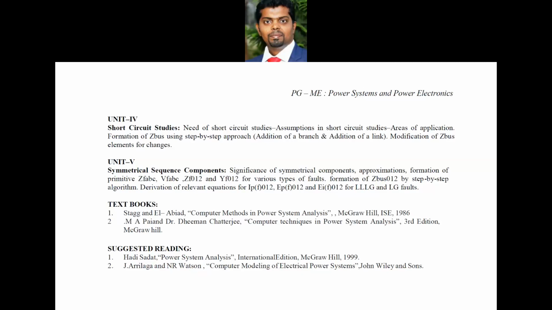That book you can easily follow. Modern Power System Analysis by Nagrath and Kothari, that book also you can follow. Apart from this, you can solve problems also. A few problems are solved in the Stagg book as well as Hadi Saadat, that also you can refer to, and in the Kothari book also it is there.